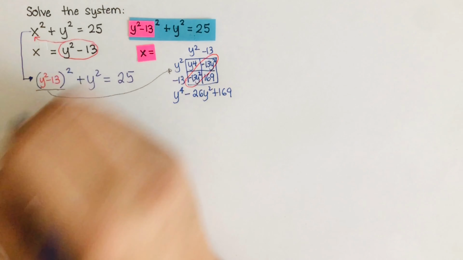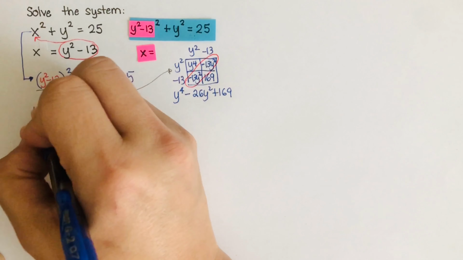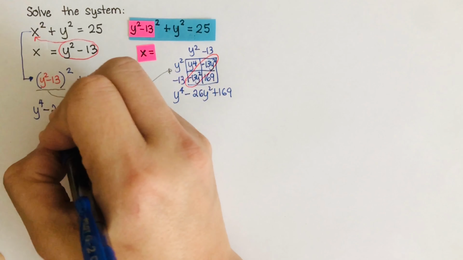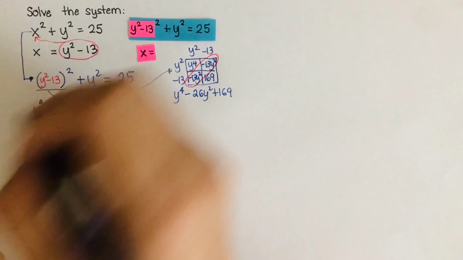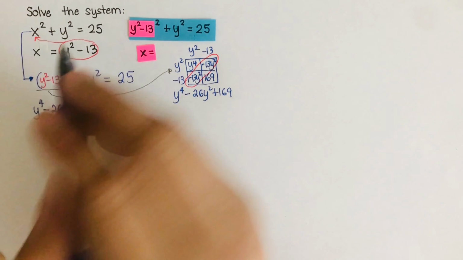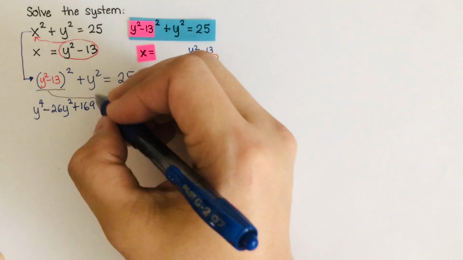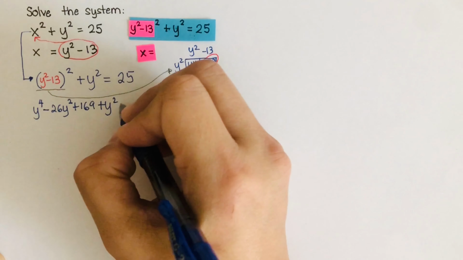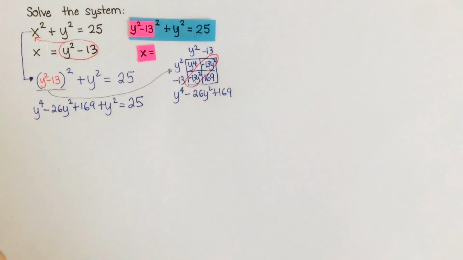So then I can go ahead and rewrite this as y to the 4th minus 26y squared plus 169. That's this part right here. Then we continue to do the rest of them here. So that's plus y squared is equal to 25.